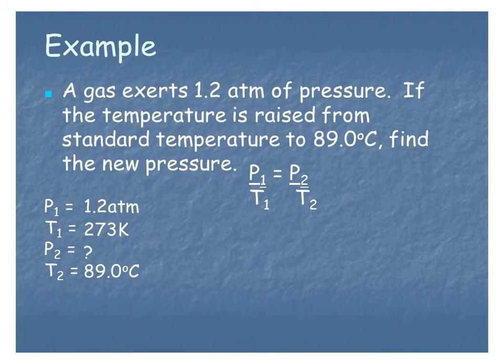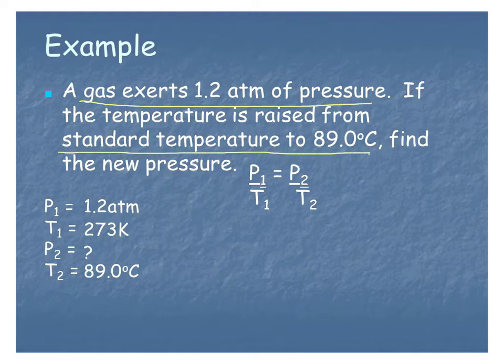So real simple, we're just going to do a couple of example problems, and I think you already know that this is fairly straightforward. If you grasp the concept real quick, it's just a matter of a couple of quick things. So a gas exerts a pressure of 1.2 atmospheres, and if the temperature is raised from standard temperature to 89 degrees, find the new pressure. All right.